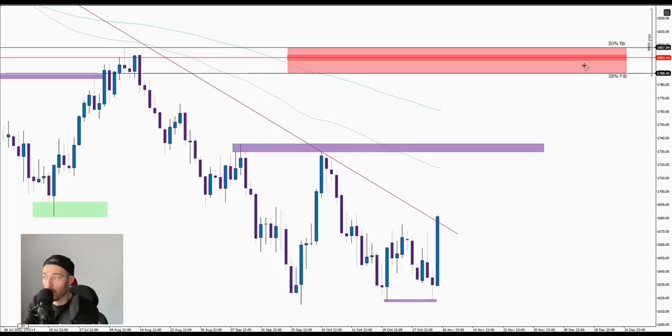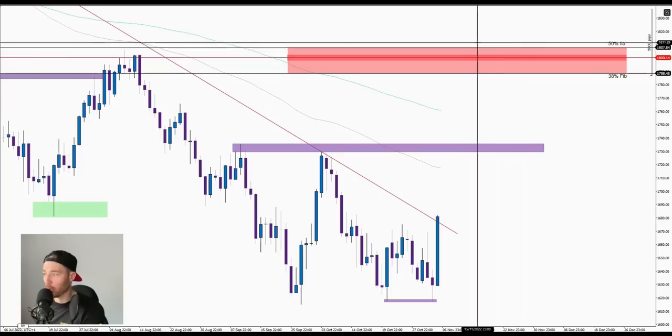But if any price within the zone reverses, because I think there is a strong chance that this occurs, at least I get a trade in and I'm profiting from it. So that's basically what scaling in a trade is all about.